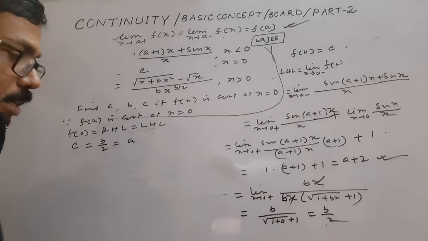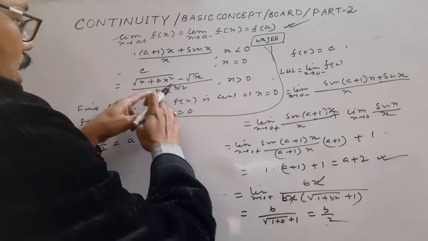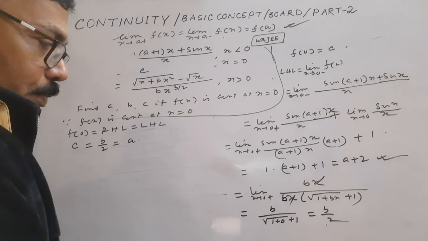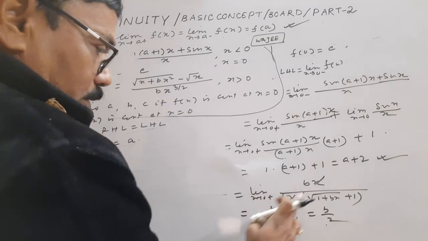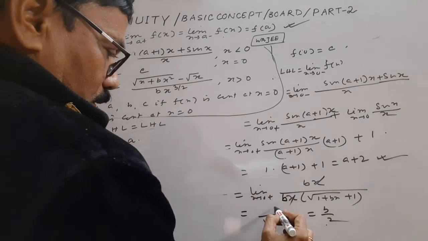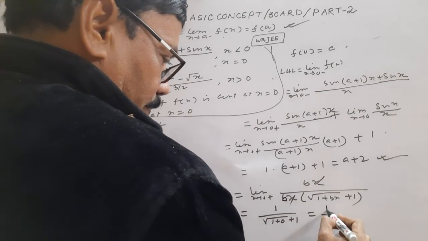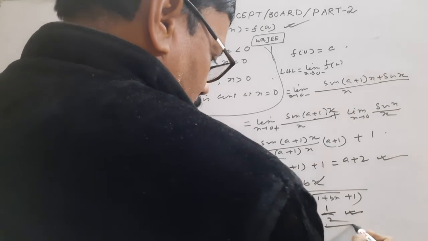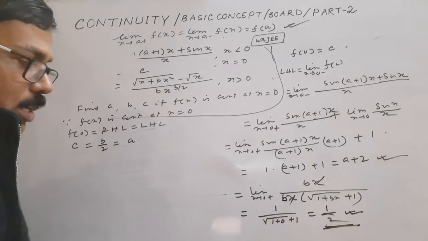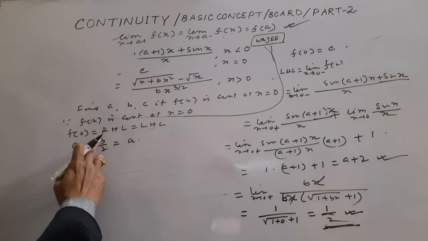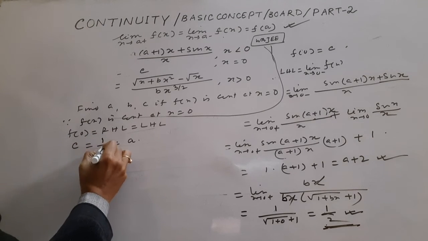So b at the denominator, so this b also cancels out. This is half. Sorry. So you complete this one. So this is half.